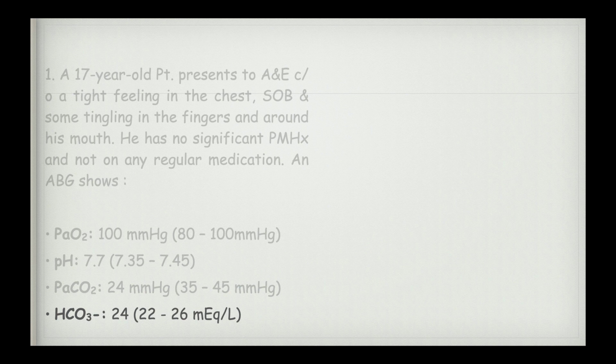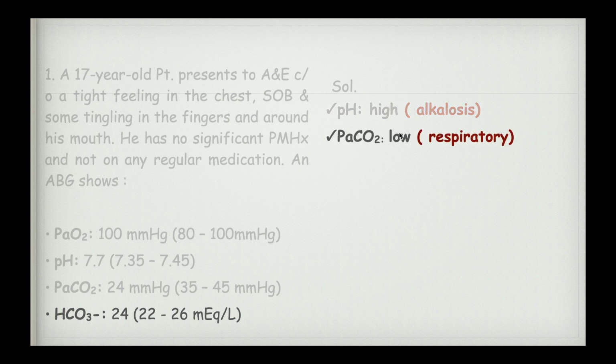So what do we make of this? Over here, we find that the partial pressure of oxygen is 100 millimeters of mercury, which is normal. So we check our pH, and the pH is high, and so we say there is alkalosis. But what is causing the high pH? We check the carbon dioxide, which is low, and so pH and carbon dioxide are going in opposite directions, so the cause is respiratory in nature. Now, we look at our bicarbonate and it is normal.